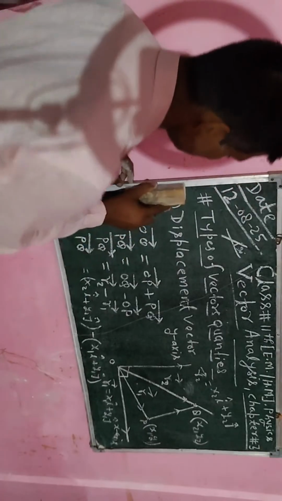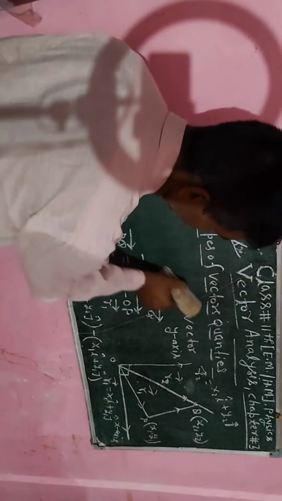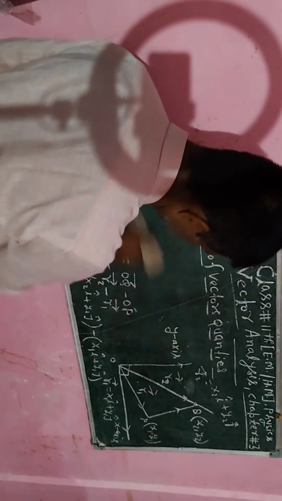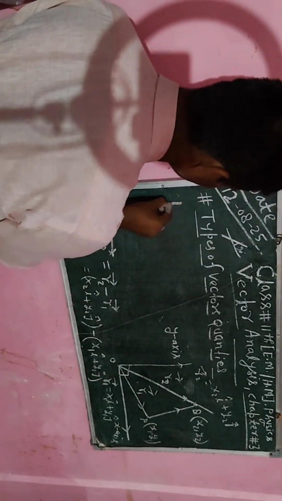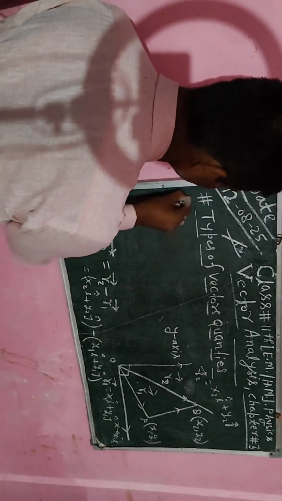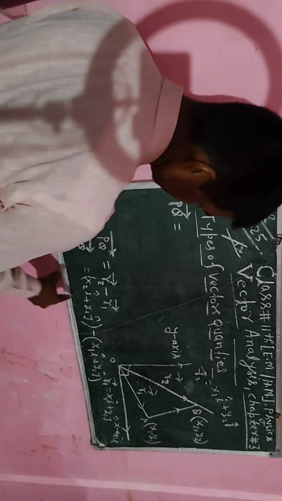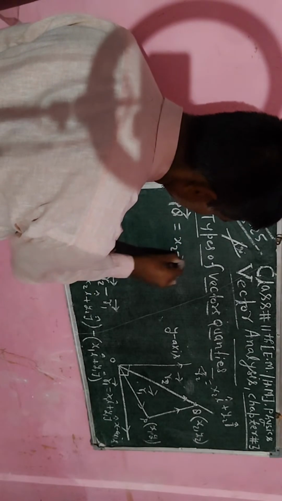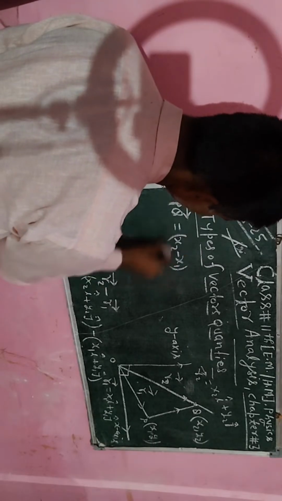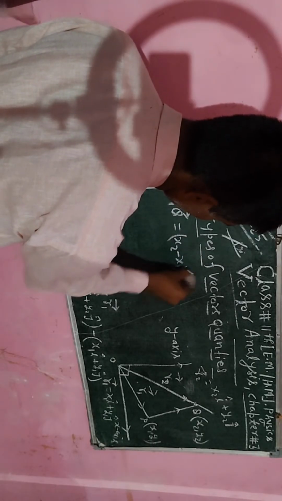Okay student, so the above information firstly I am going to erase, and after erasing I will also find its resultant vector, that is the displacement vector. So here the coefficient of vector I, I write x2 minus x1, and then here I write vector I cap.